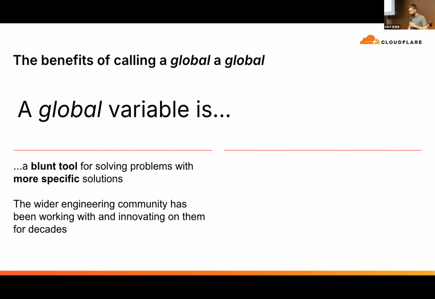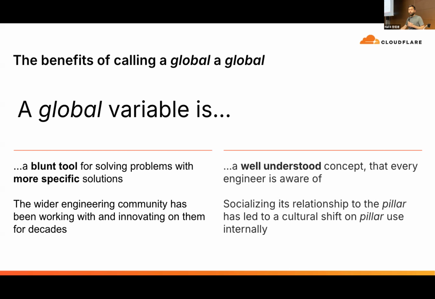In addition to the adoption of these solutions, establishing the pillar as a global as an analog for the pillar was valuable for our internal understanding and our standardized language. A global variable is a very well-known concept that engineers will have heard about in college, will have heard about as they work in their careers, and may have even experienced when they deal with production incidents.